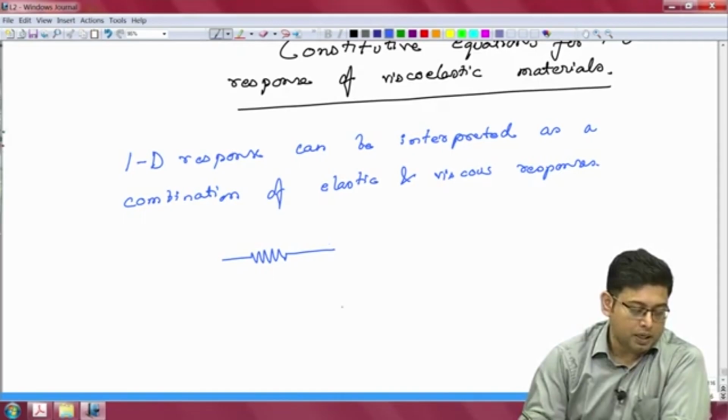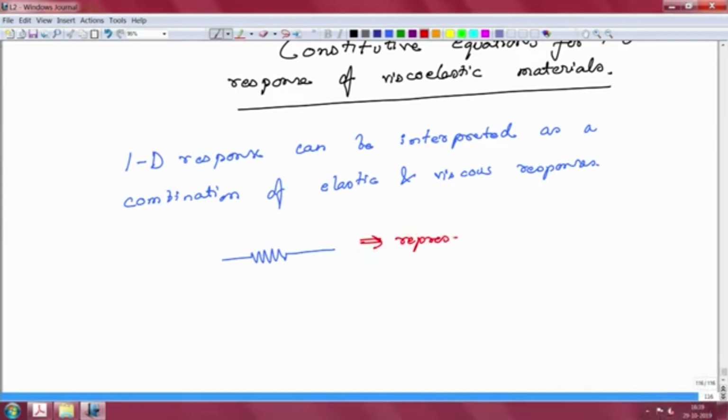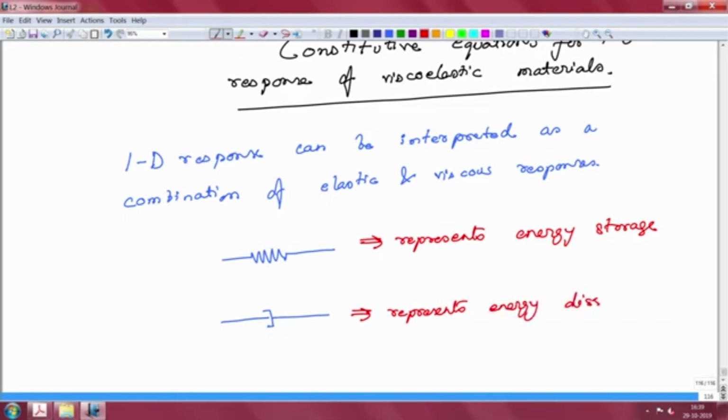Your spring represents energy storage, and your dashpot represents energy dissipation, by the system to the surroundings.